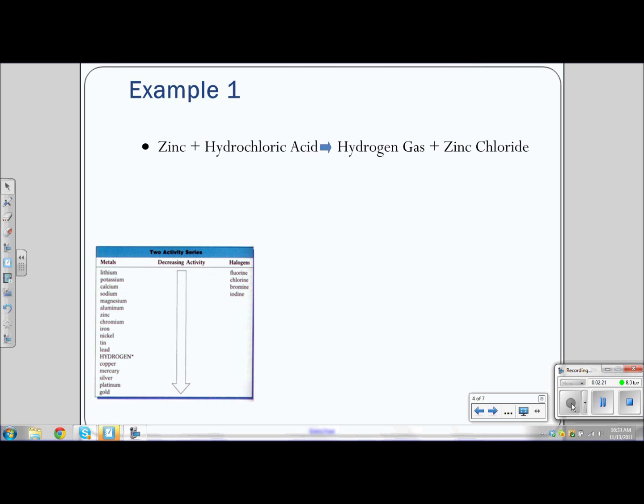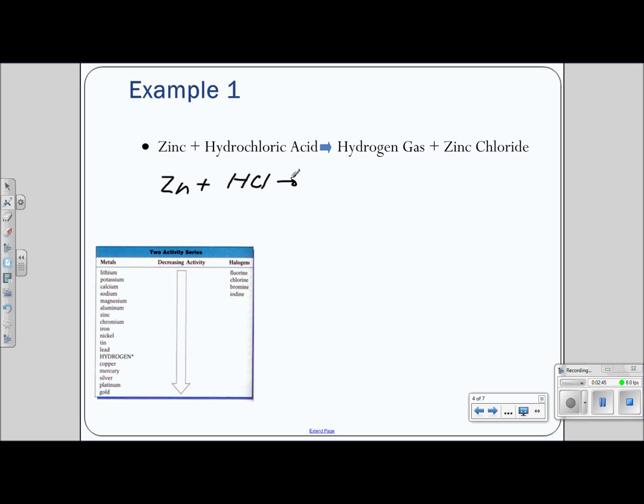All right, so let us start with this reaction, one that you're already probably familiar with. Zinc plus hydrochloric acid. So I'm going to go ahead and write Zn plus hydrochloric acid, HCl, yields.